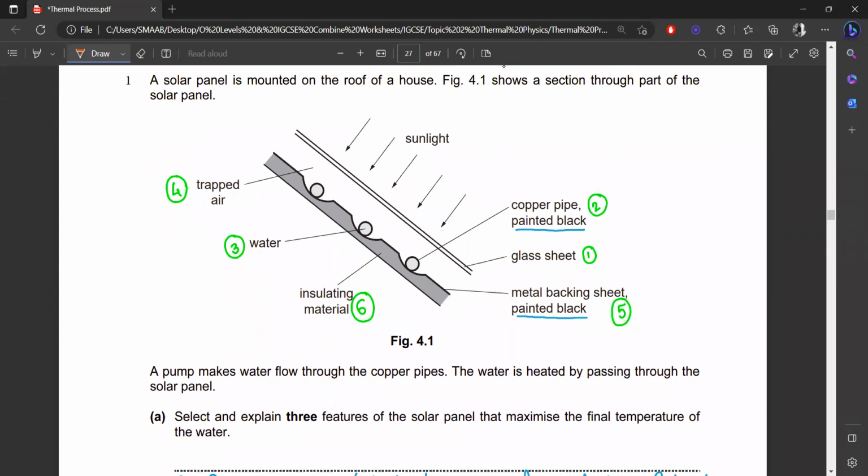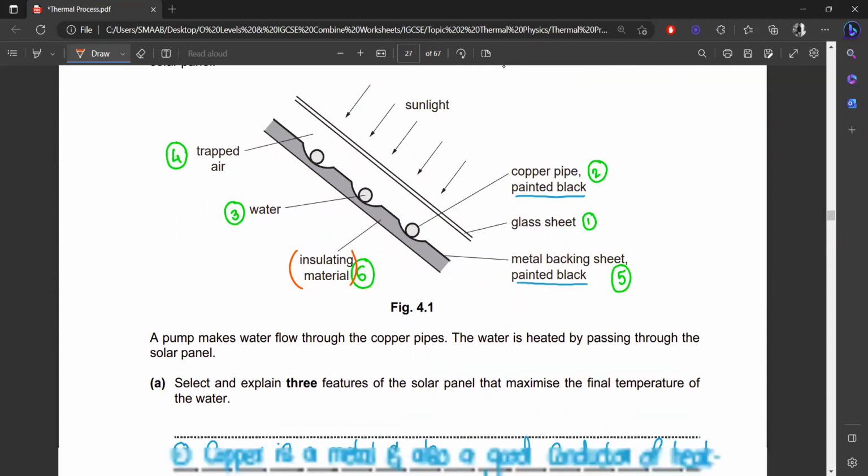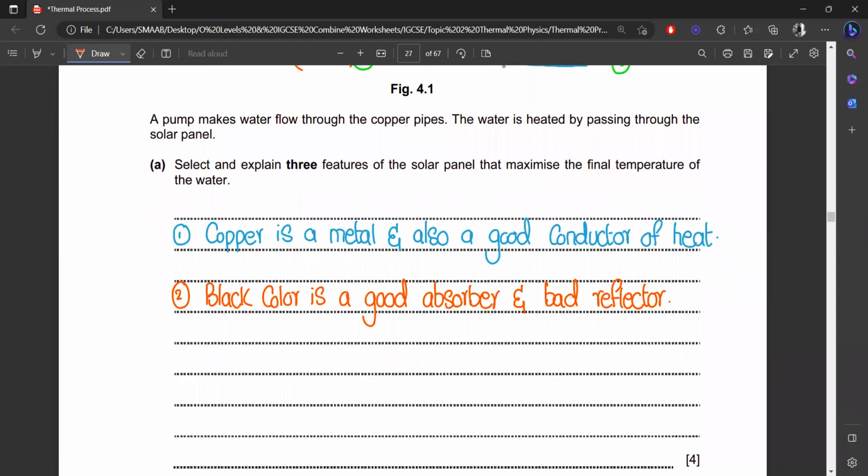And last, we are using insulating material over here that will reduce the heat loss. So no heat will transfer onto the roof. So that insulating material helps us to reduce the heat loss. No heat will conduct to the other part of the roof, right?